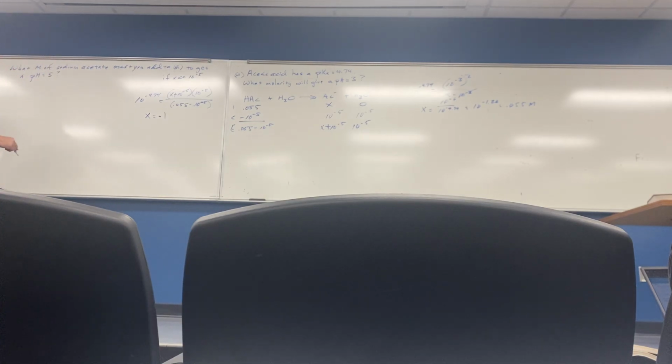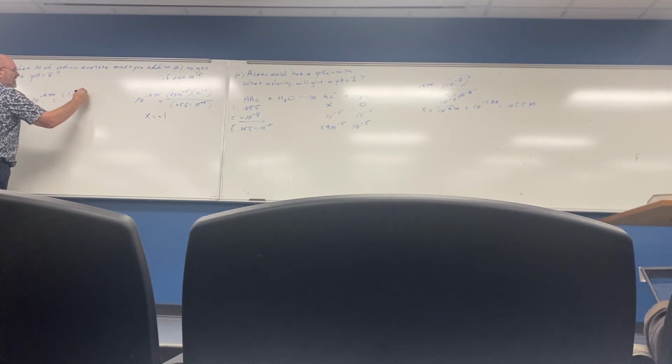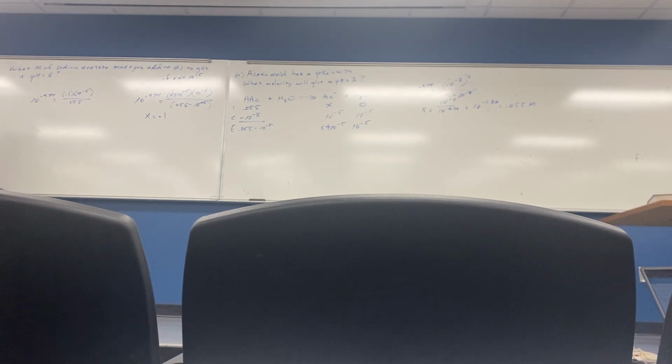So we can check our work. 10 to the minus 4.74 equals 0.1 times 10 to the minus 5 over 0.055. Does that equal 10 to the minus 4.74?